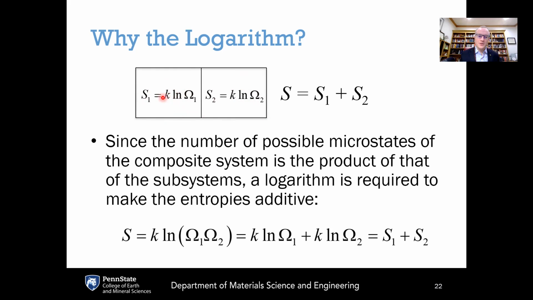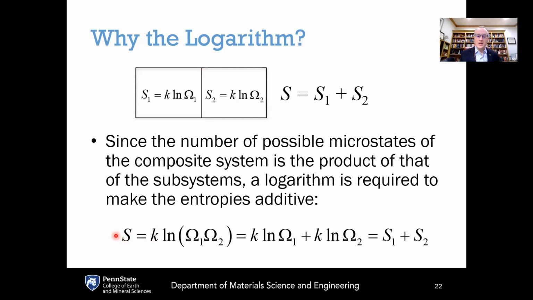You could be in the first microstate on the left and then have any number of the microstates on the right. Or you could be in the second microstate on the left and then any number of microstates on the right, and so on. So the total number of microstates that are possible for the composite system is omega-1 times omega-2.